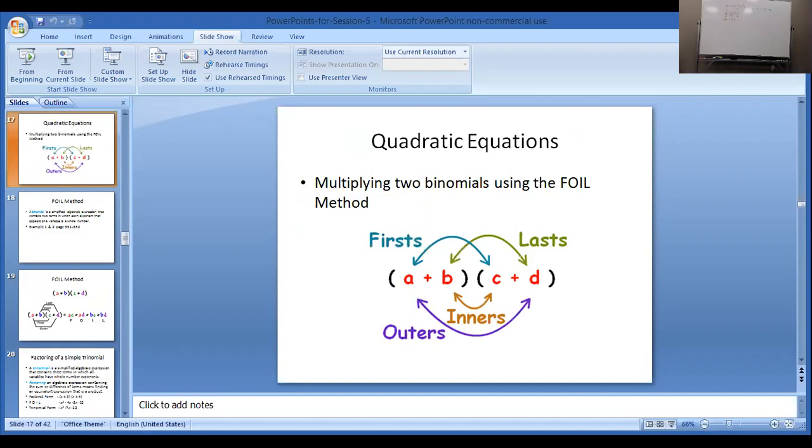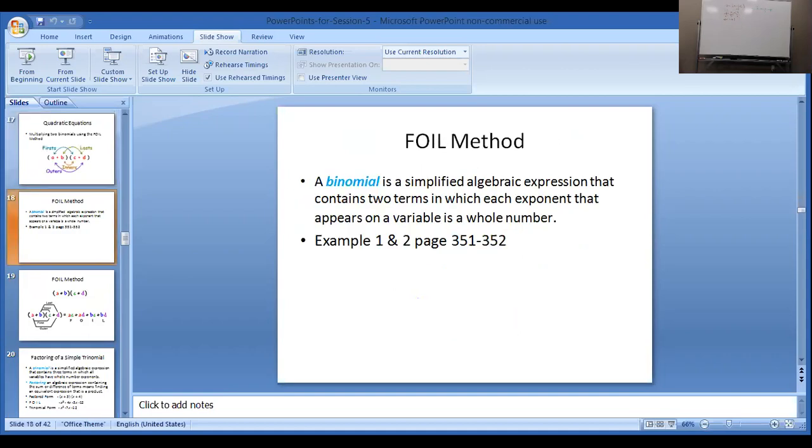Then b, the inner, b times c, and b times d. Simple. A binomial is a simplified algebraic expression that contains two terms in which each exponent that appears on a variable is a whole number. Let's look at pages 351, 352, examples 1 and 2.